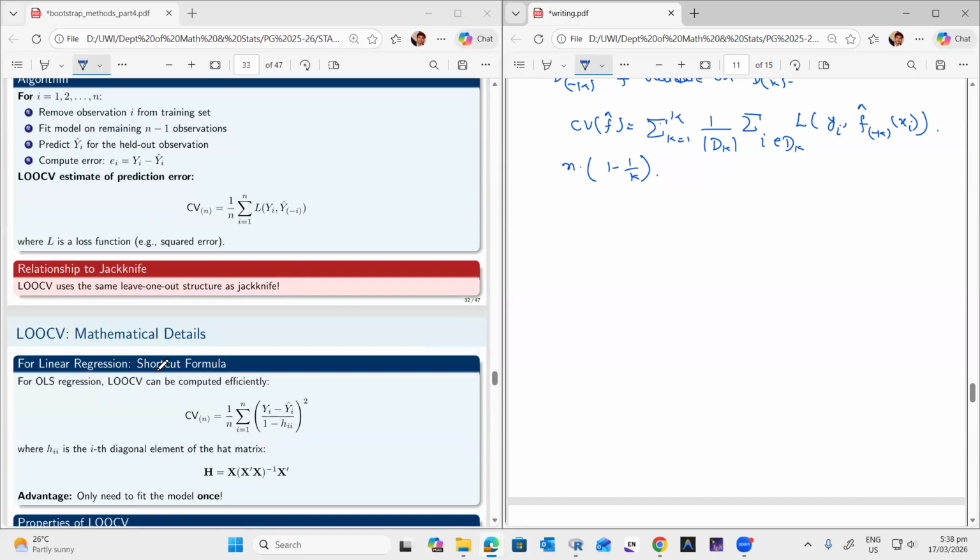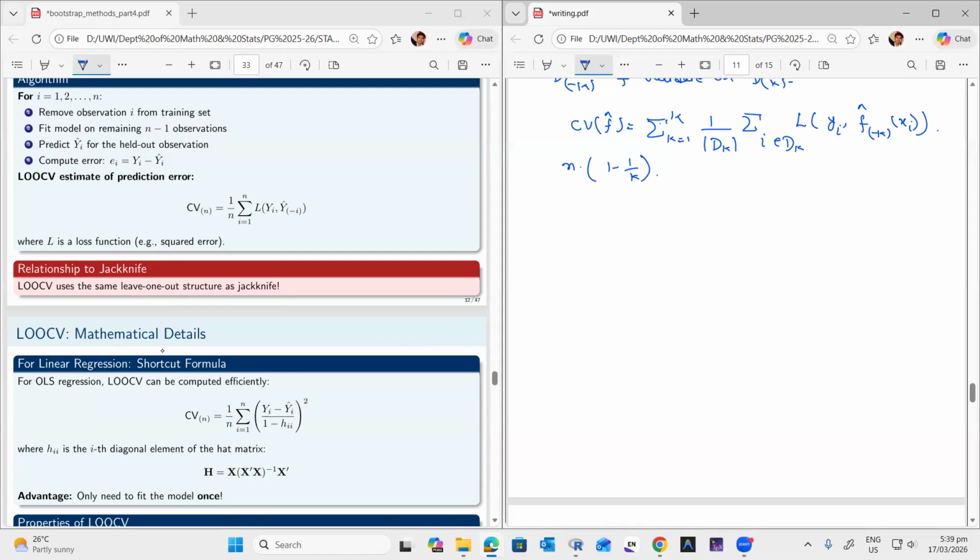All right. So what is the idea basically here? First, we just take i equals 1 to n. This loop indicates the procedure is repeated exactly n times, where n is the sample size. Each iteration corresponds to holding out a single observation.